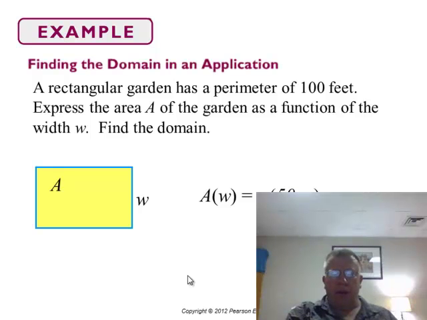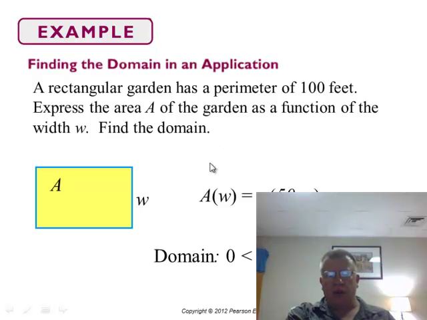But we also cannot have w greater than 50, because then you would actually have negative area. So the range of values for w that makes sense in this function is between 0 and 50.